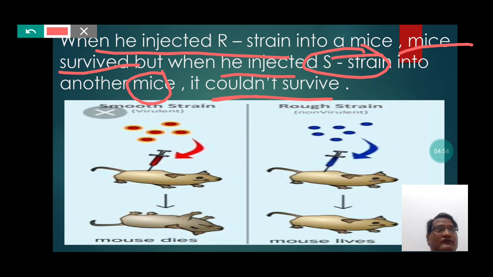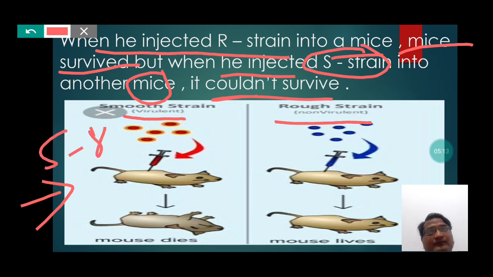So students, this concept can be well understood with the help of this picture, where we can notice that the two strains were taken by Griffith, that is the virulent and the non-virulent, that is the S strain and the R strain.